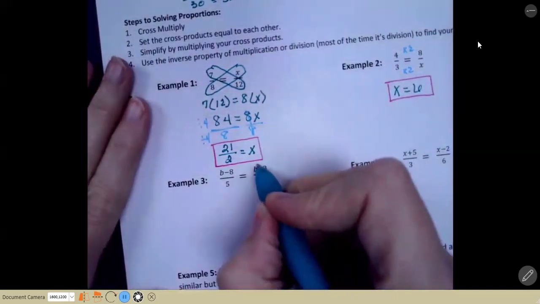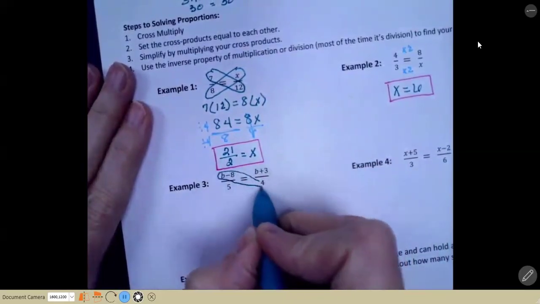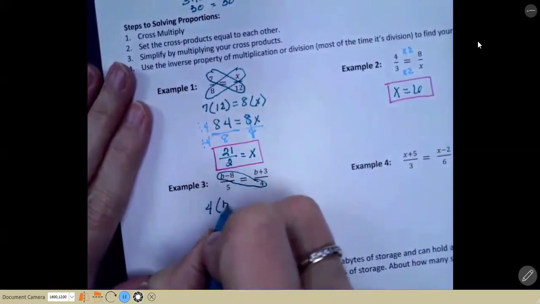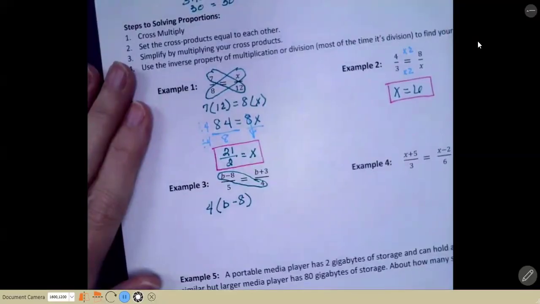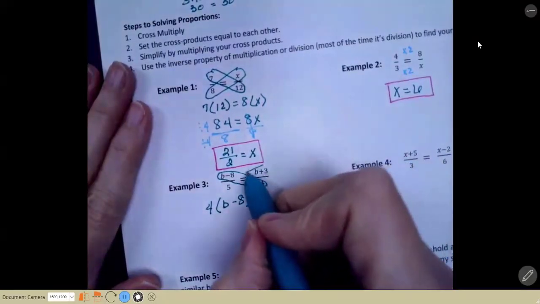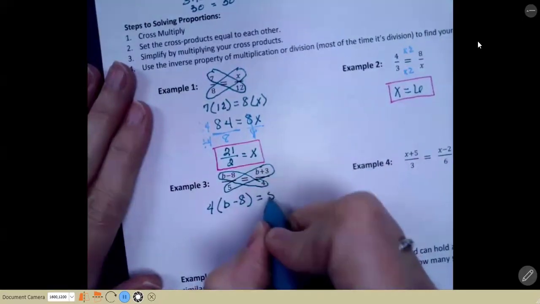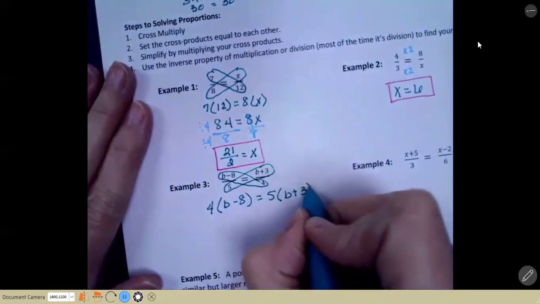All you're doing is multiplying 4 times b minus 8, and you'll write it like this: 4 times b minus 8. Okay? And then you do the same thing with the other cross product, equals 5 times b plus 3.